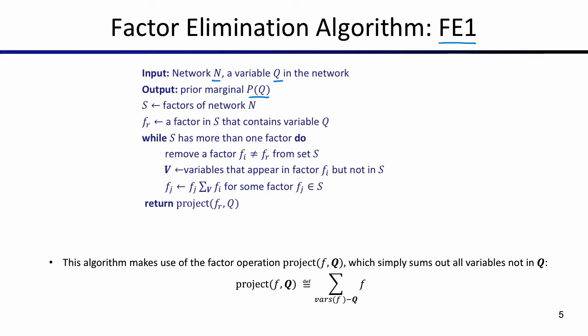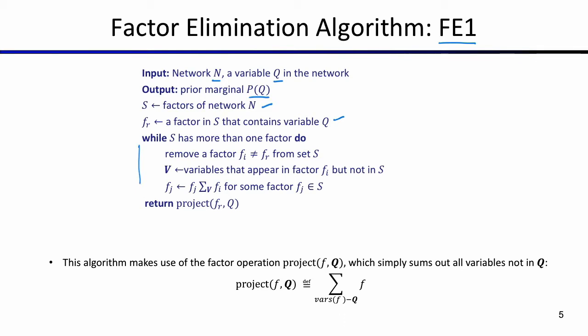So what are we going to do? First, we're going to call S the set of factors that we have in the network N. We're going to call FR one factor that belongs to S and contains the variable Q, the query variable. And now we're going to start the elimination process, where we eliminate one factor at a time during this while loop here.